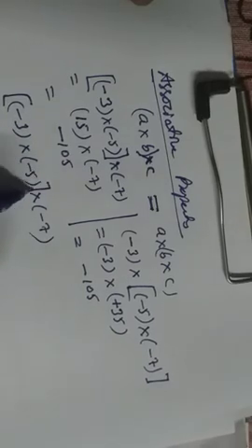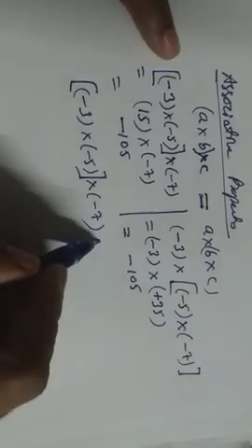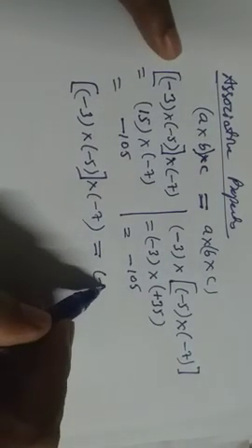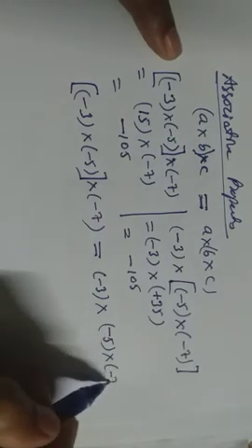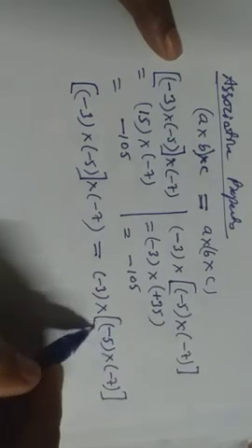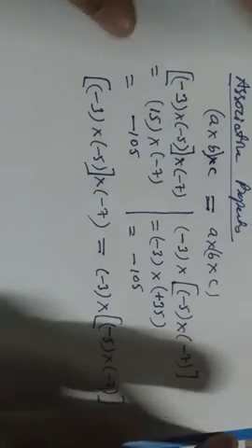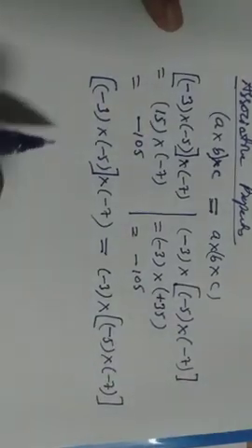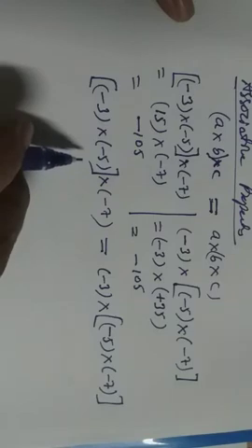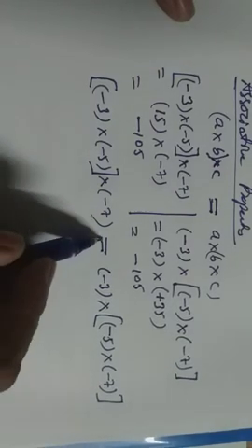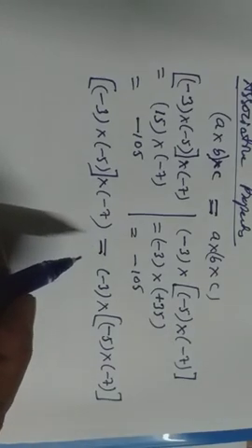So we can see that minus 3 and minus 5 within a bracket, multiplied first, is also equal to the result when minus 5 and minus 7 are multiplied first. That means if you are multiplying more than two integers, you can take any two integers first and multiply them, and then multiply the result with the remaining integer. The result will be the same. I have given more examples in your PDF.